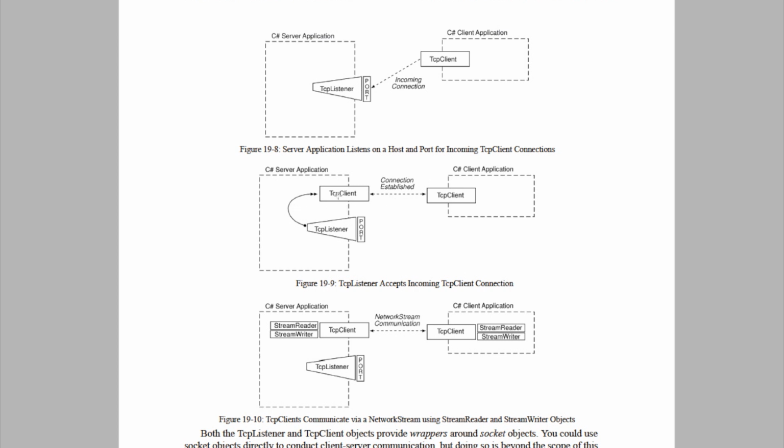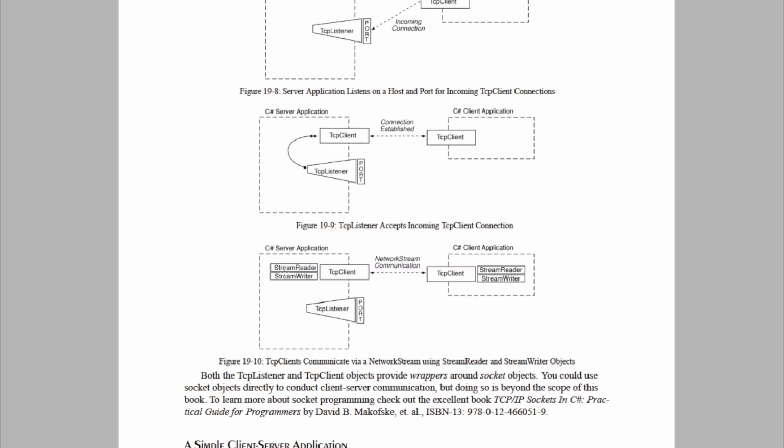These two TcpClient objects communicate with each other through stream readers and stream writers. Whenever you send a message via a stream writer, make sure you flush the output or the message won't get sent.